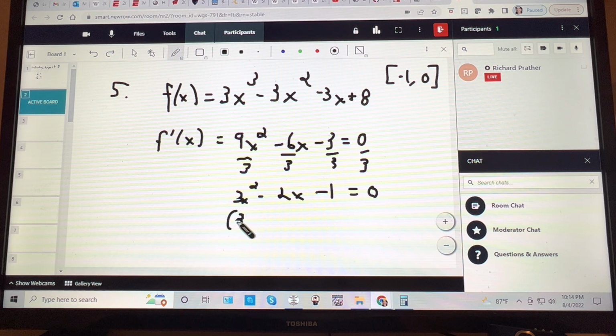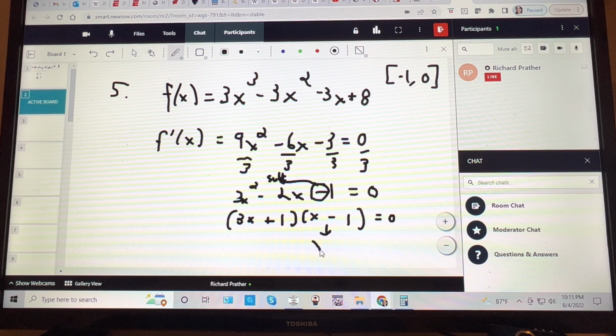So the only way to get 3x squared is 3x times 1x. We definitely have to have 1 times 1 in the back, and there's definitely one positive and one negative. And we need it so it subtracts to a -2. So that means the 3 needs to be negative, and the 1 positive, so that way you'll have a -3 plus 1 is a -2.